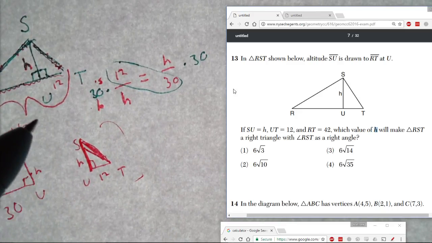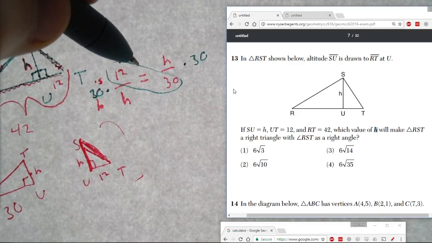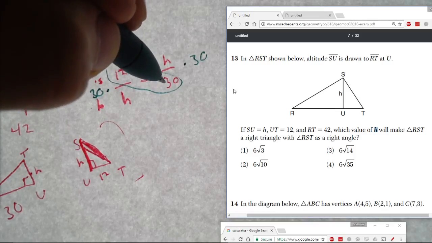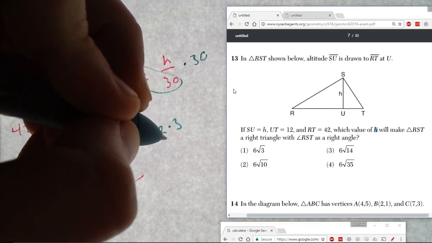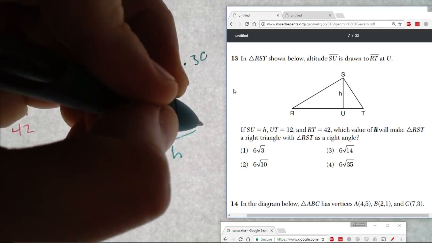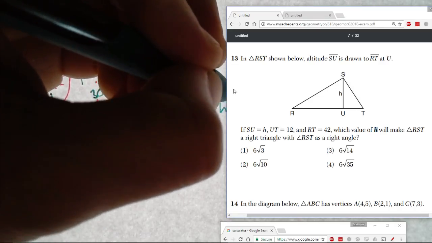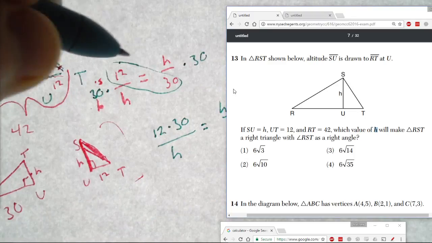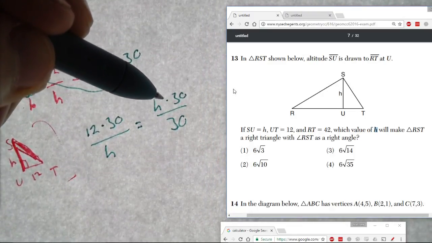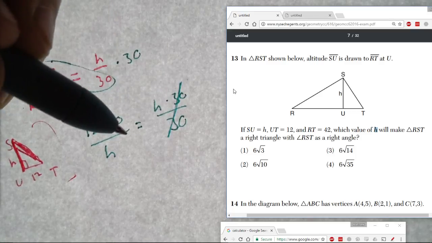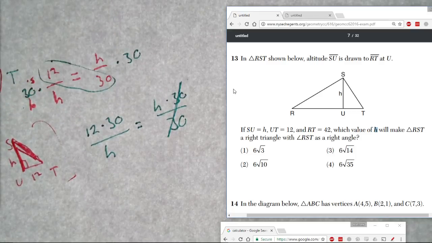I multiply by 30 on both sides. That's totally allowed, because that will then get me 12 times 30 over h is equal to h times 30 over 30. 30 over 30 gets me 1. h times 1 gets me h. So that cancels off there because it'll just come up as h.